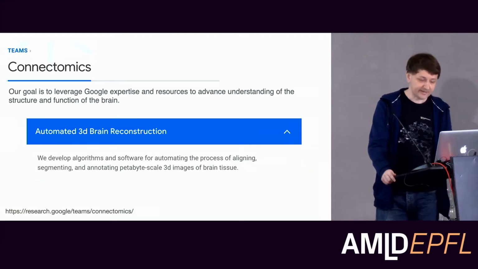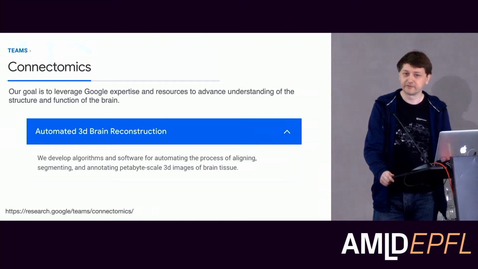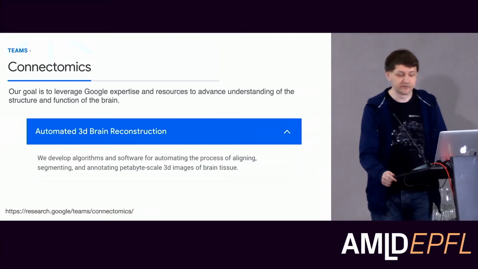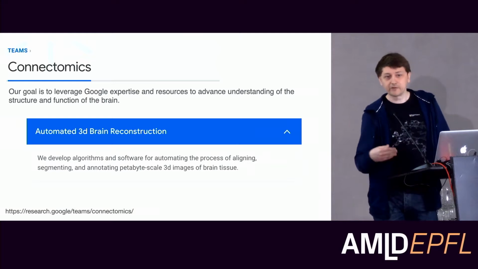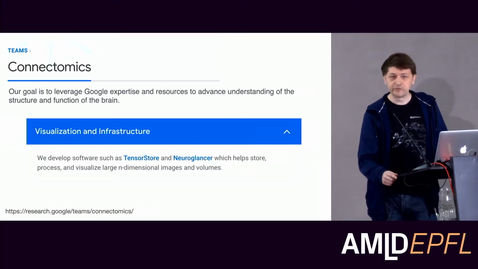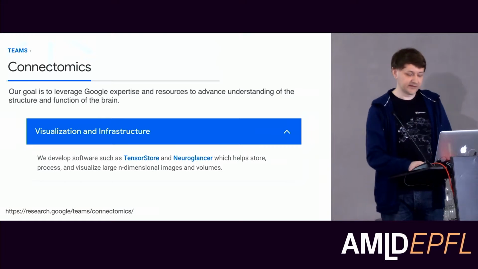Since we want to operate at a synaptic resolution, that implies the use of electron microscopes, because the features that we are trying to see are on the order of tens of nanometers or smaller. So our work is the development of algorithms to better understand those data sets, and also software to both store and visualize them. I will tell you a little bit more about this later.